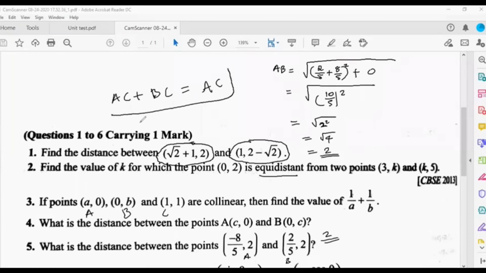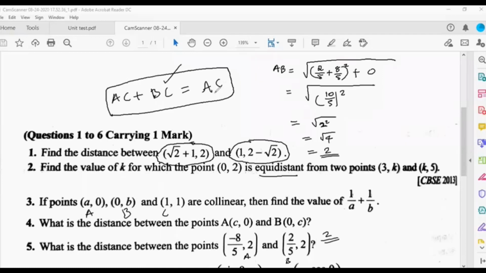In some other questions, you may get questions to prove that the given 3 points are collinear. In such cases, you want to prove this relation: the sum of the two smaller distances is equal to the larger distance. If it's satisfied, we can say that the given 3 points are collinear.